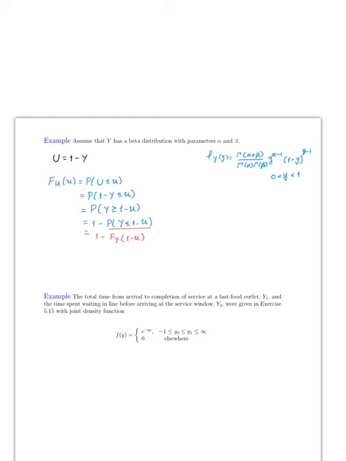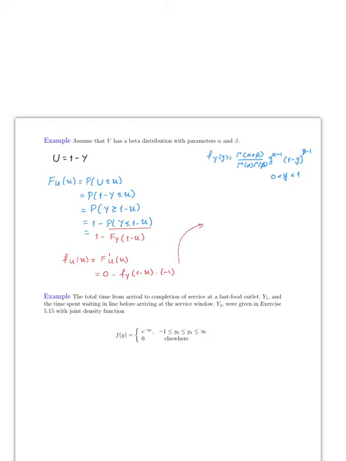Okay? So this is what we have so far for the distribution function of u in terms of the distribution function of y. Now what we really want is the density function of u. Remember, to find the density function, you have to take the derivative. So we take the derivative of the distribution function, and using the chain rule, this will be 0 minus the density function of y times minus 1.